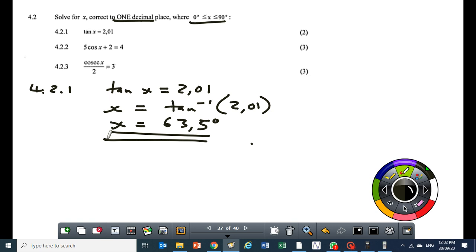So here, there is no instruction that you should not use the calculator, so you have to use it. It's only when the question specifies to determine this or evaluate this without using a calculator. So for this one, you have to use a calculator.